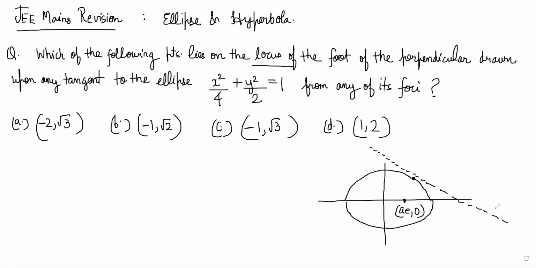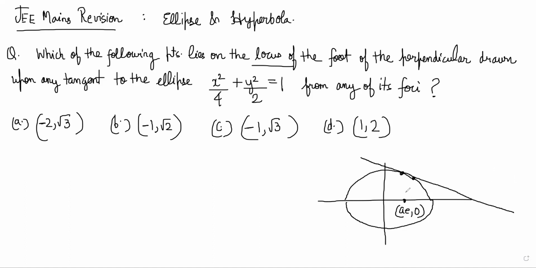This is an arbitrary tangent at some point. The point can be a cos theta, b sin theta. On this tangent, you can drop a perpendicular. Right now it looks already perpendicular at that point, so I will make it a little different. It need not be the point of intersection.